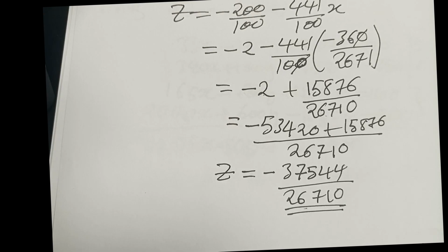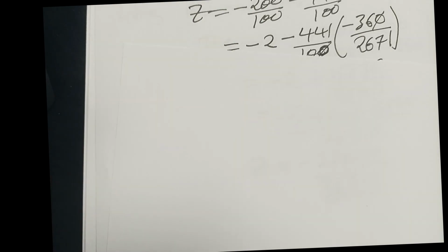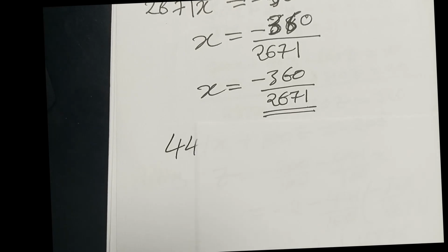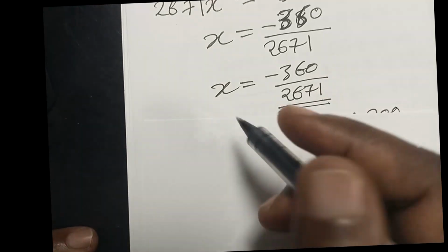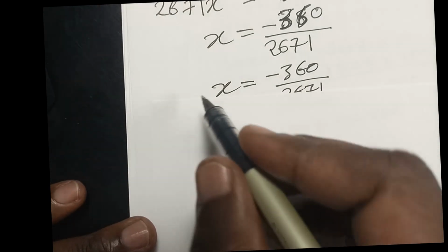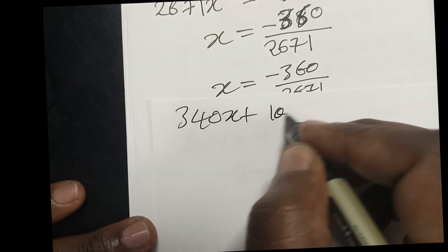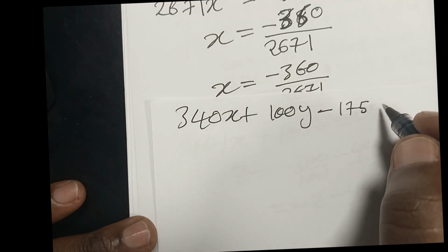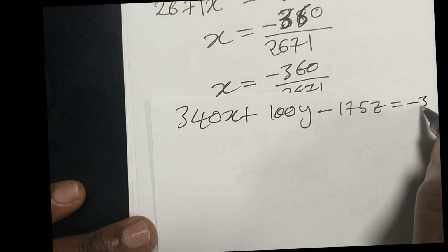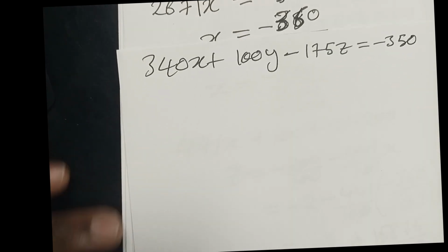So the Y value will be found by using one of the very first equations, which was saying that 340x plus 100y minus 175z is equal to negative 350.